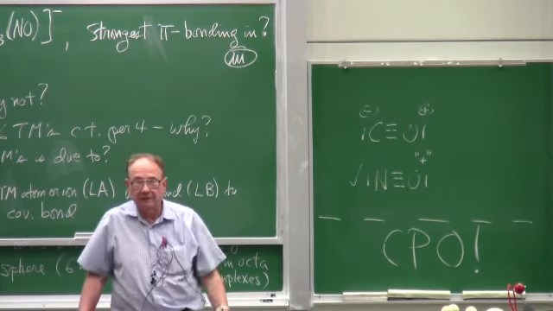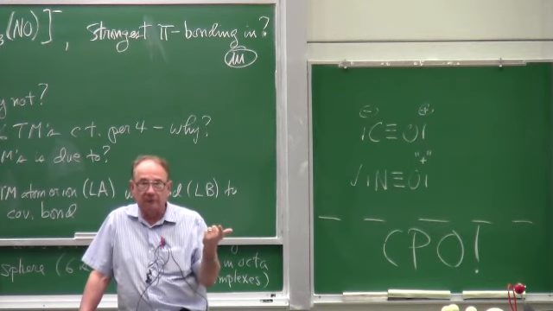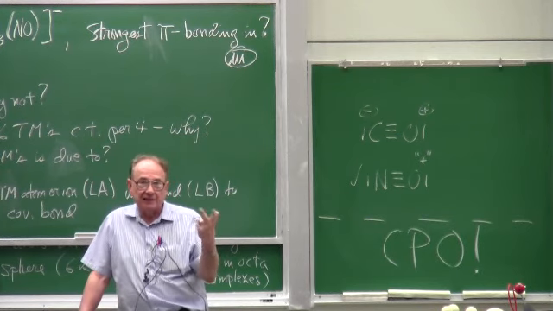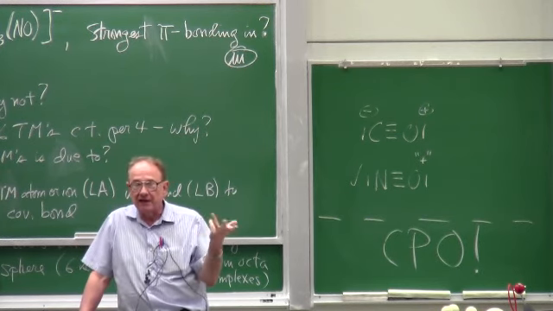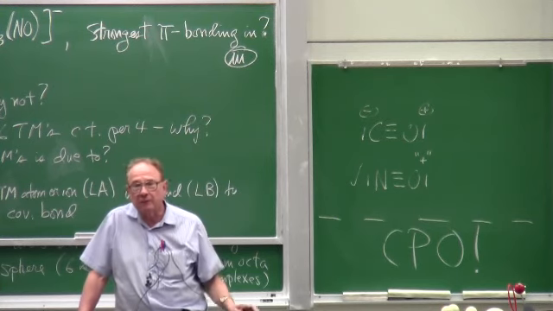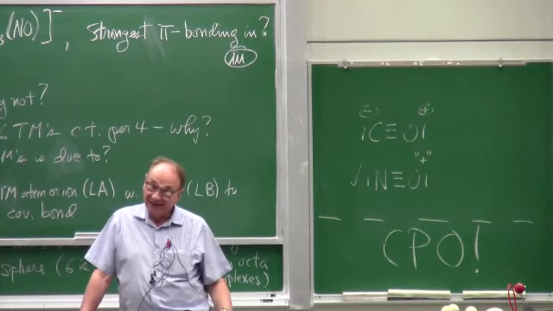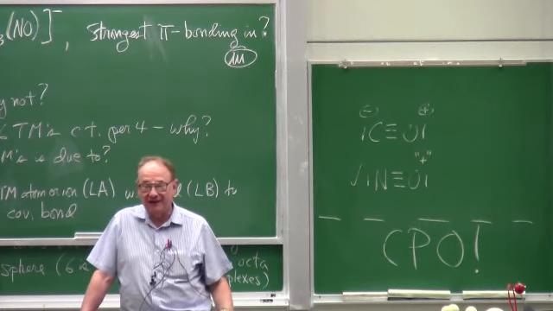Manganese, for example, shows a stable +2 oxidation state, a stable +4, a stable +6, a stable +7, and a somewhat stable +3 oxidation state. A lot of different kind of chemistry going on there.